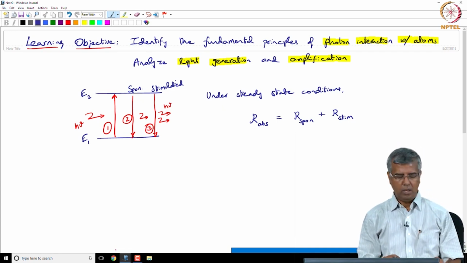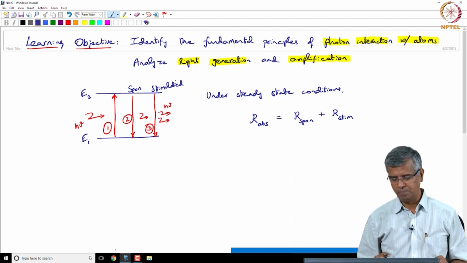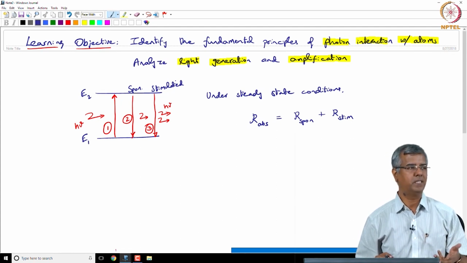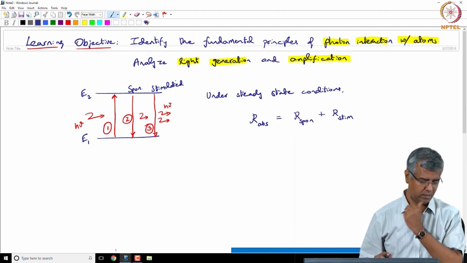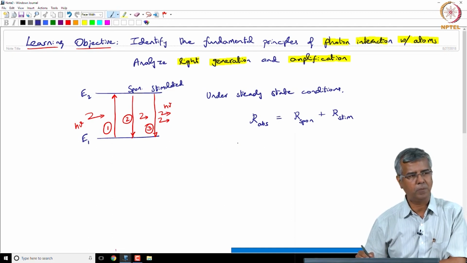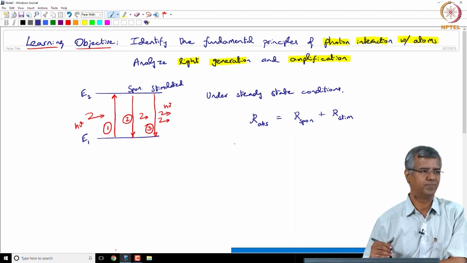Okay. Now, if you want to quantify this, as I mentioned earlier, these are all probabilistic events. So, there has got to be a probability density associated with all of these things. And so, we can basically say for this absorption process to happen, you need to have a certain number of atoms in the ground state, at energy level 1.